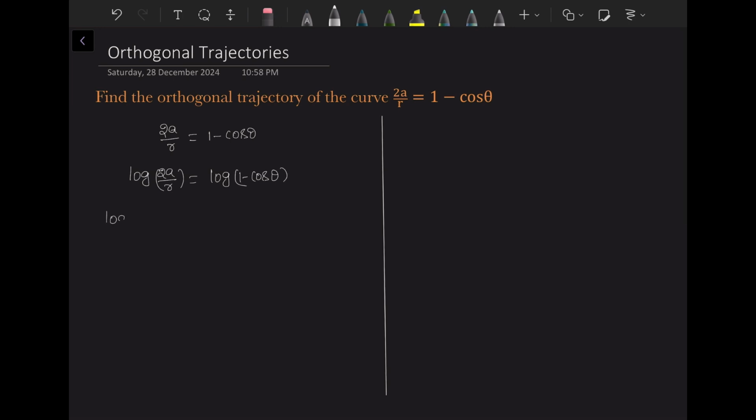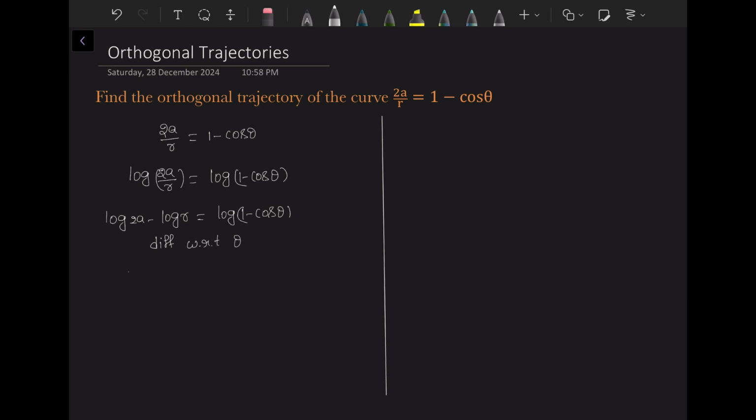Now I can write the left-hand side as log 2a - log r = log of 1 - cos θ. Now I'll differentiate this with respect to θ.